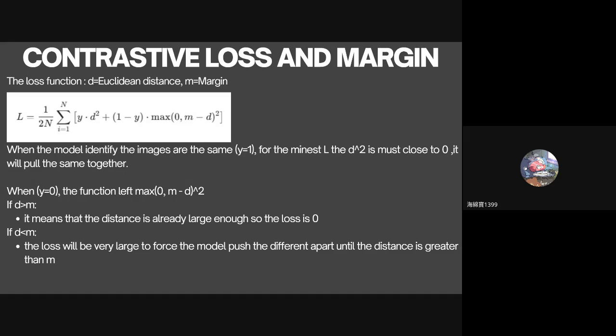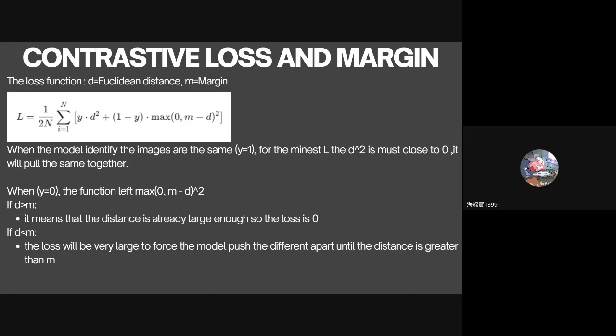And when y is 0, if the distance is greater than the margin, it means the distance is already large enough, so the loss is 0. And if the distance is less than the margin, the loss will be very large to force the model to push the different ones apart until the distance is greater than the margin.